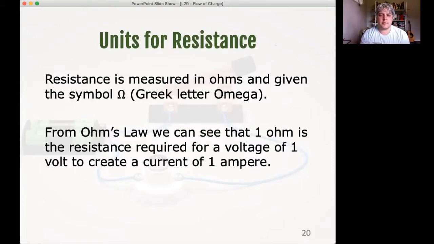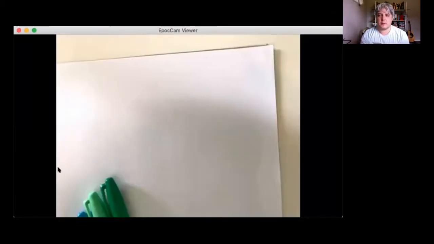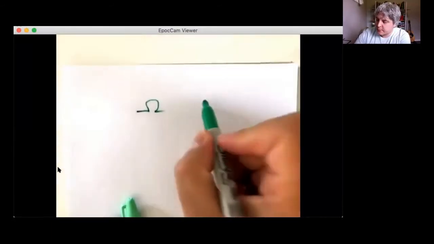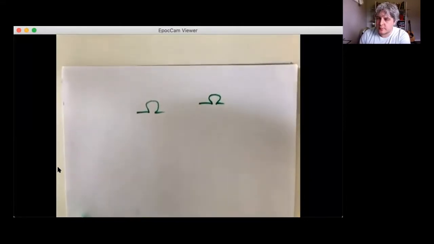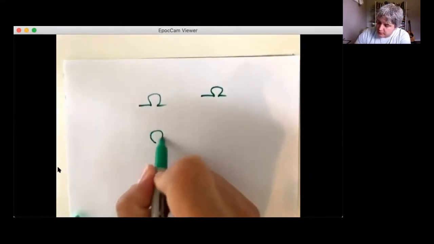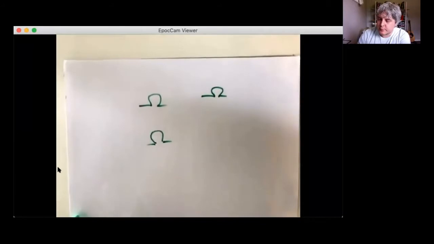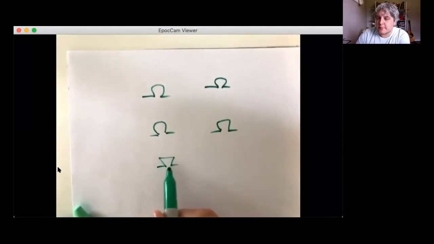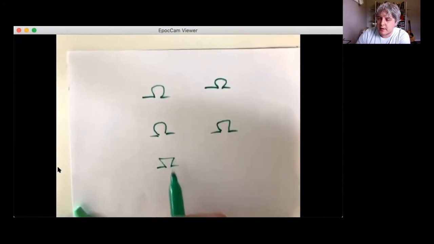I'll jump over to the document camera and show you how I draw it and also the different options you have. When I draw it, I tend to just do this, right? It's not pretty, but it's pretty obviously ohms. You can also draw the circle and then just do little feet on it. That's pretty common. Some people do it more angular, as I started to do there. I don't recommend doing a full angular, triangular shape like that.